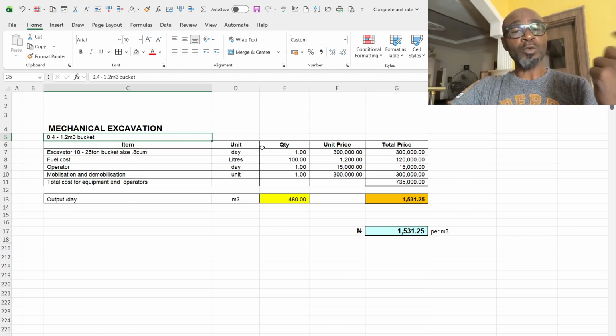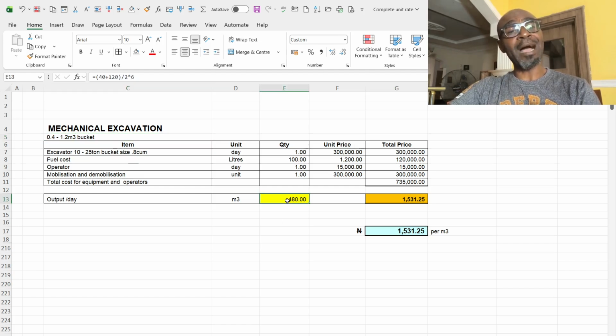Then I multiply it by the output per hour, which is what you're seeing here, 40 to 120 for the range of excavator that is between 10 to 25. So I added the 40 plus 120, divided it by 2, then multiplied it by 6.